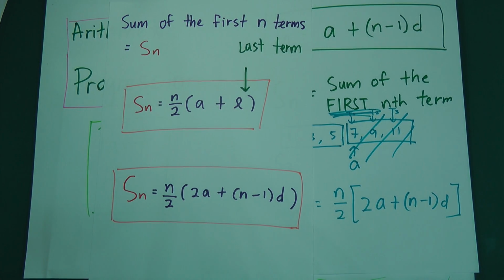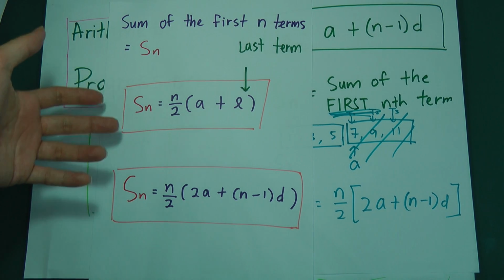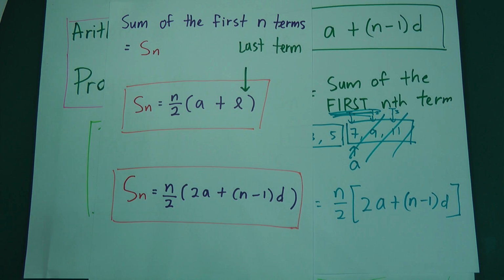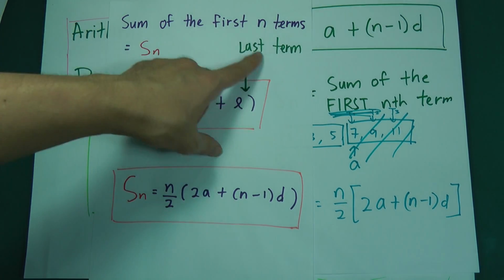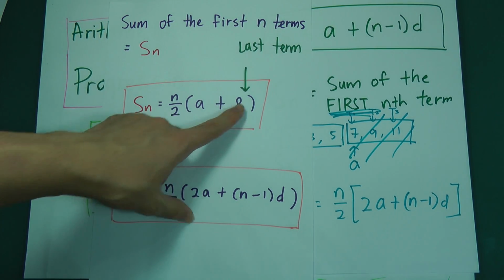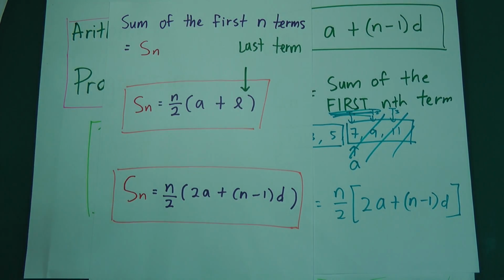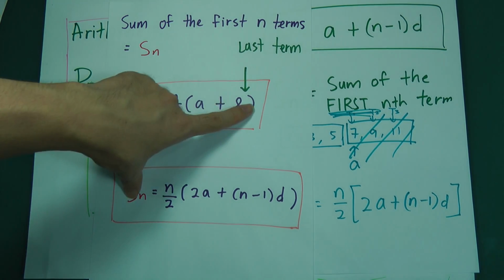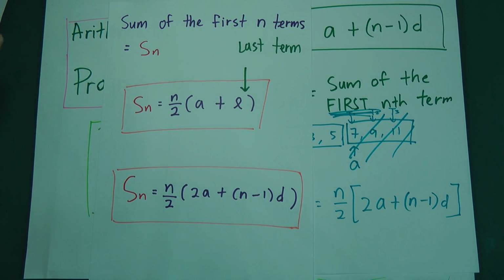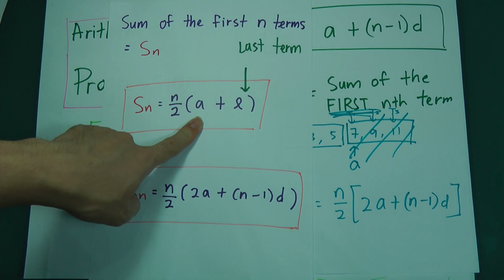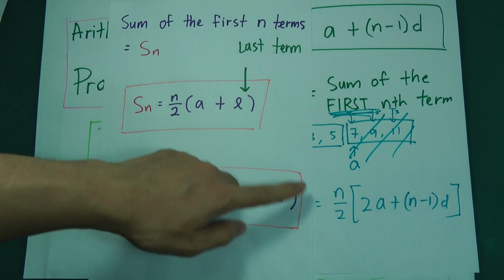Maybe you know the last term is 200 and the first term is 2, so you just sum from 2 until 200. So it is just 2 plus 200, and you can use this formula without knowing the difference. But I went through so many past year questions, and you have very little chance to use this formula, so for me the previous formula is more important.